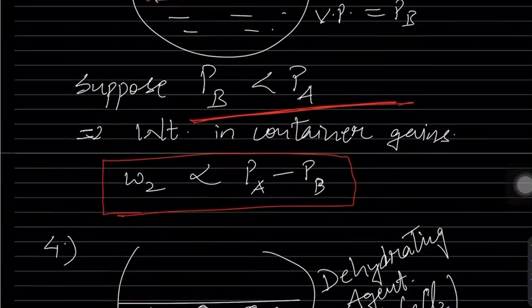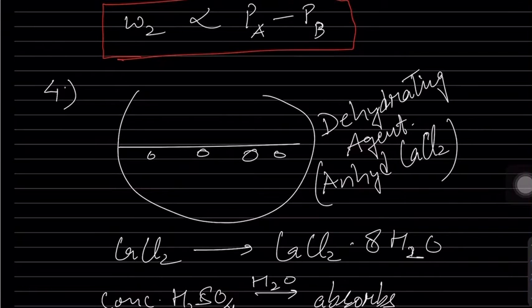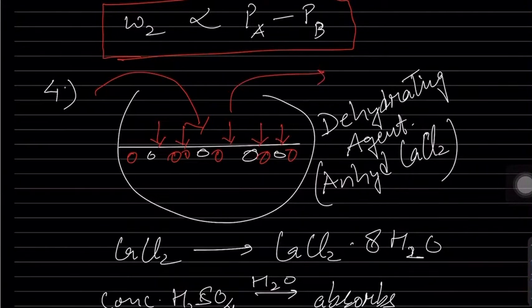Now case number 4. Let us say this is a dehydrating agent. Inside the container, what do we have? A dehydrating agent. So if the air comes, it will lose all of the vapors because the dehydrating agent will absorb all the vapor, and hence it will go outside as dry air.